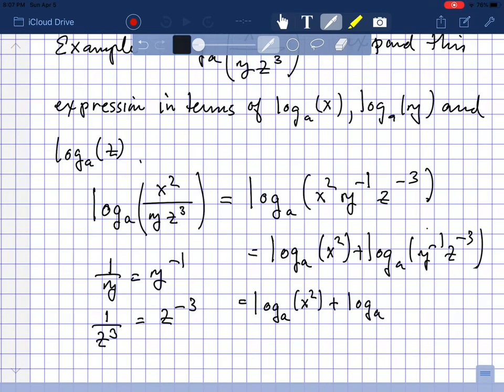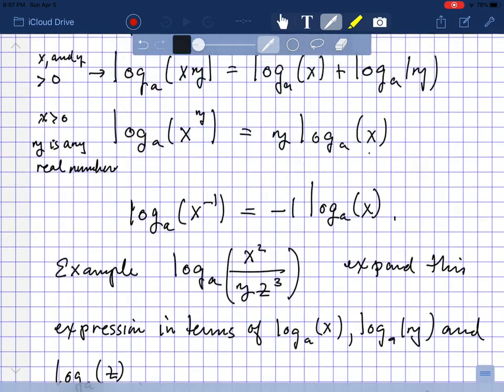And this in turn is equal to the log base a of x squared plus the log base a of y to the minus 1 plus the log base a of z to the negative 3 power. Okay, so what I've done is I've taken the log of this expression and written it in terms of the log base a of an expression just involving the variable x, over here just involving the variable y, and then the third term just involving the variable z.